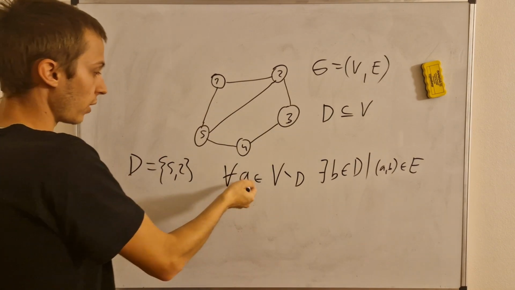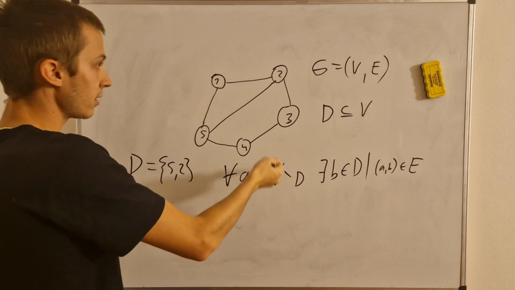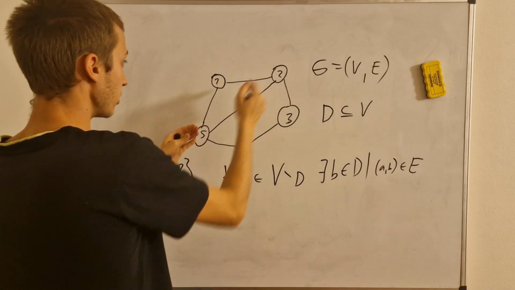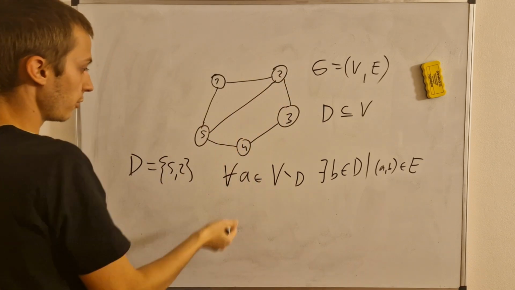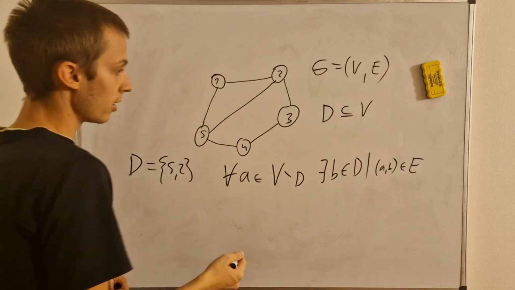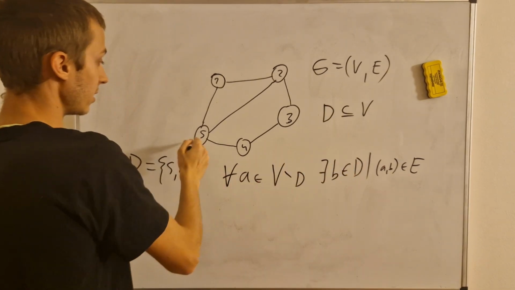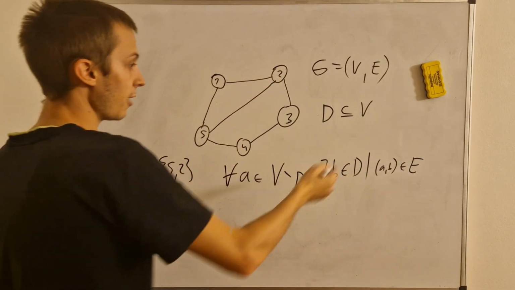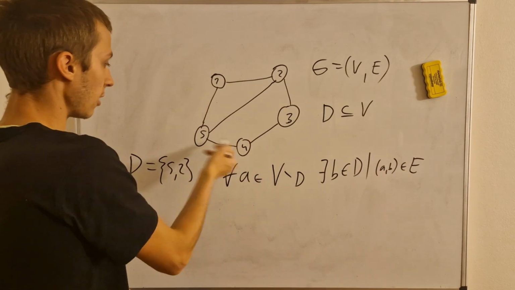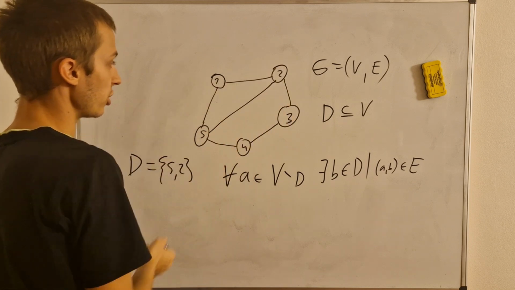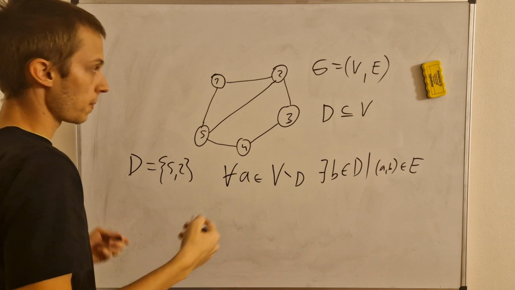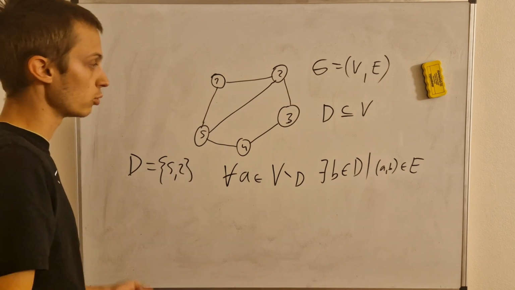What it means is, for any vertex that is not inside the dominating set, so I said 5 and 2 are the dominating set, for any of the 1, 4, 3 in this case, there will be some vertex inside the dominating set, 5 or 2, that has an edge with it. And that is true. For 4 we have 5, 4. For 3 we have 2, 3. And for 1 we have 1, 2 or 1, 5. So yes, 5 and 2 do cover this and do work.